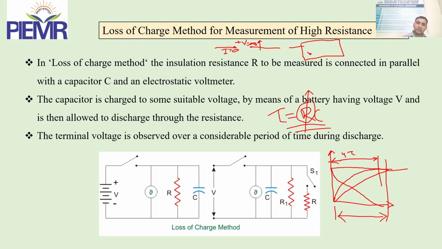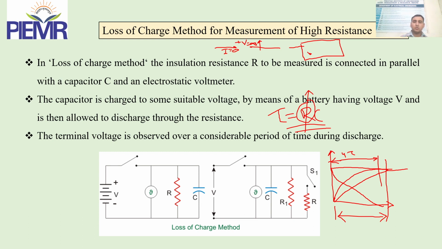In the loss of charge method, we calculate either the charging time or the discharging time of the circuit. If the charging time is very high, then the overall unknown resistance we want to measure is high.